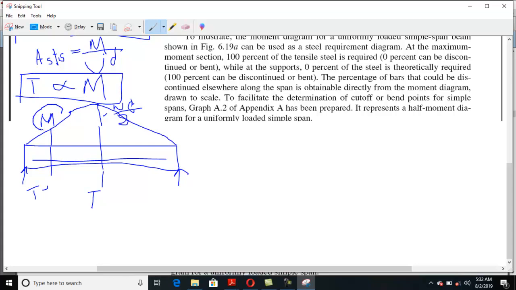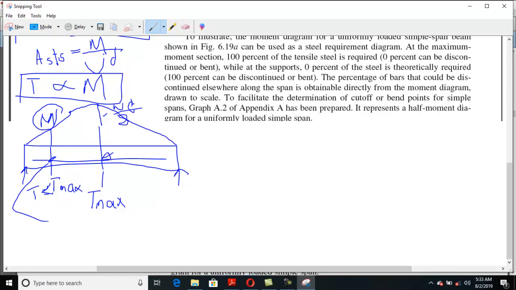As this moment is less than this one, this tension force will also be less. If I assume this is T max, then this T will be less than T max, and thus the stress produced at this point in the steel will be lower than the stress produced at the maximum point.